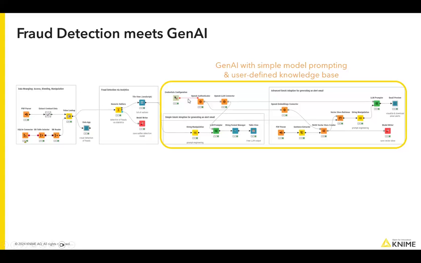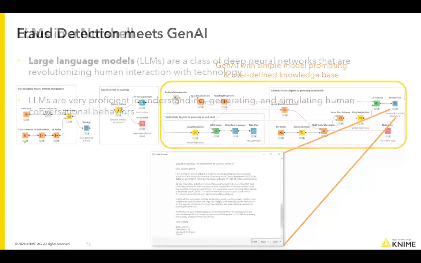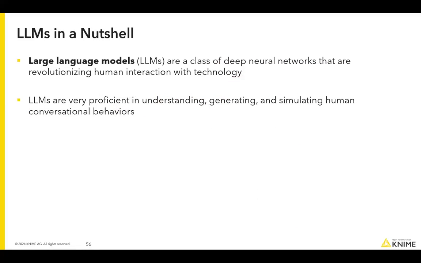Now we're going to see how we can leverage GenAI in KNIME Analytics Platform to automatically generate custom email alerts, and also how we can enrich and customize those email alerts using retrieval augmented generation, all in a low-code fashion. Obviously, this will be the output: an email that we can send to our potential customers at risk.